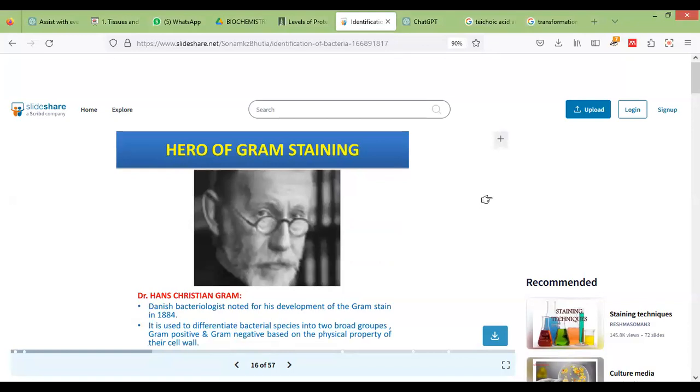Why is gram staining good, or rather, why does it help so much? Because number one, you're able to see the size and the shape. With gram staining, remember we always say laboratory investigations are not done by themselves.